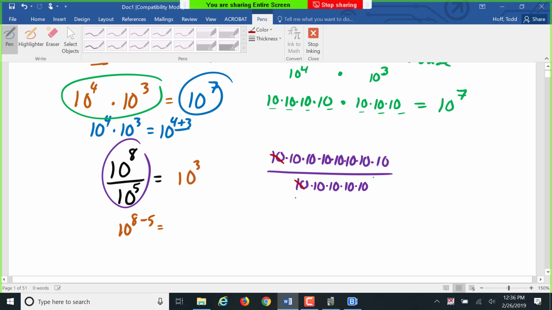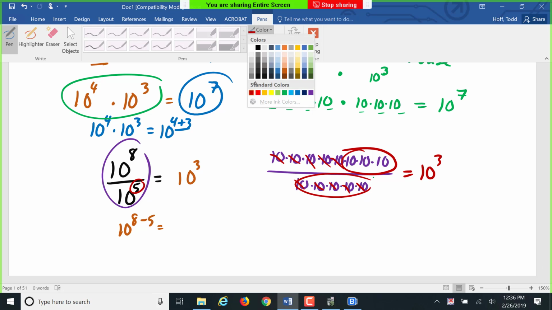We can cancel out common factors. So as we cancel out those tens, we see that we are left with 3 tens on top, so that's 10 to the 3rd. Of those 8 tens, 5 are canceled out because we're dividing by 10 to the 5th. That's why we can subtract the powers when we divide exponents with the same base.